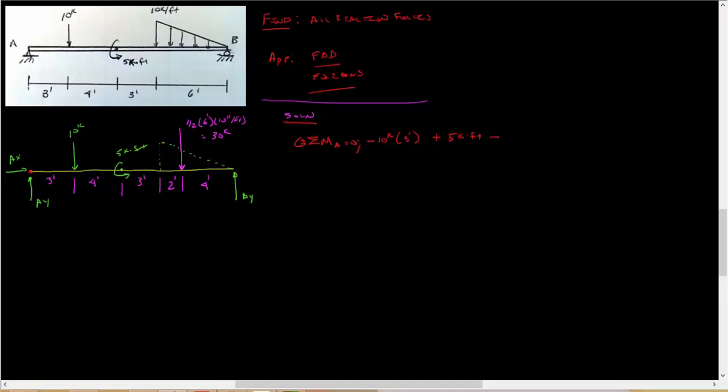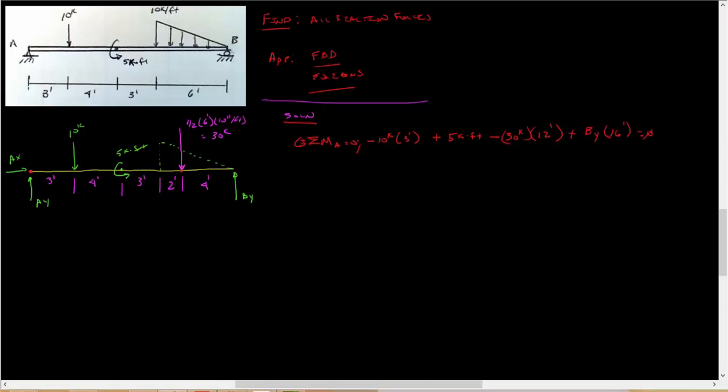Now I come back to this equivalent point load. It is rotating clockwise at 30 kips. Now I do have to have a distance here, and this distance is from this point that it's acting on the beam to point A, which is 7, 10, 12 feet, and then all the way to BY, and BY is acting counterclockwise, so it is positive. I'm assuming this, and that total distance would be 16 feet. It's all equal to 0.